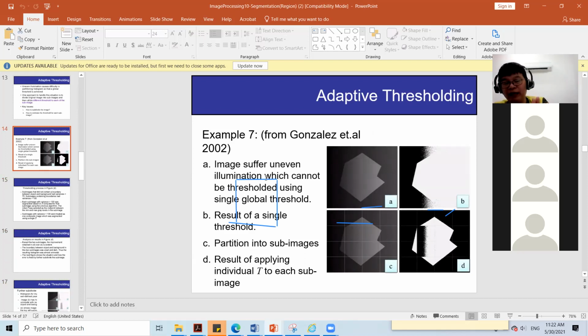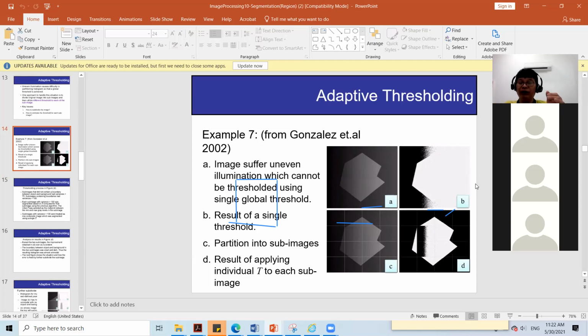Your images will be uneven. Sometimes they have some blur effect, sometimes they are too dark. Then if you use a single threshold value, it will have a lot of problems. You can't get the exact answer you want.